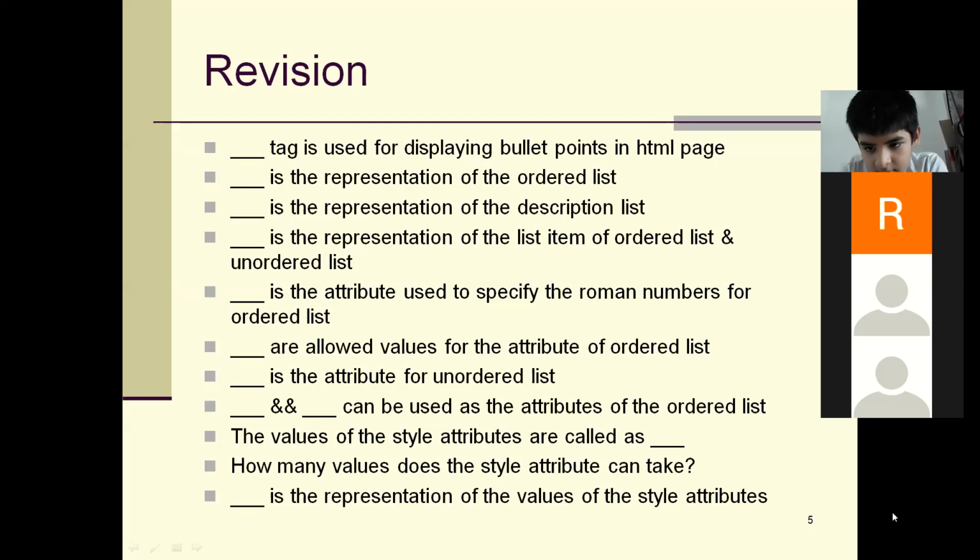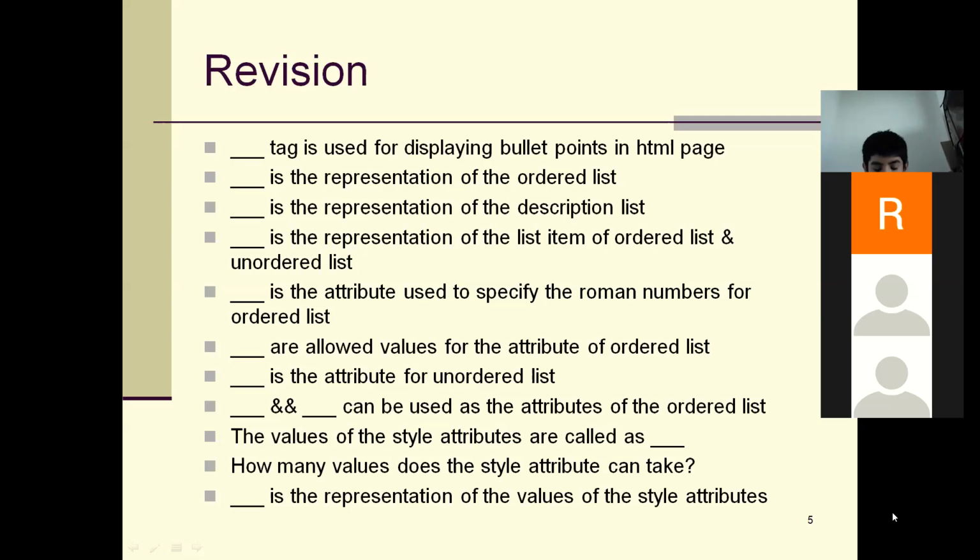The bullet points will be displayed in 1, 2, 3, 4 order. If you specify small a, it will start with a, b, c, d in lowercase. If you specify capital A, it goes capital A, capital B, capital C, like that. Small i is for Roman numbers, and capital I is for Roman numbers also in caps.